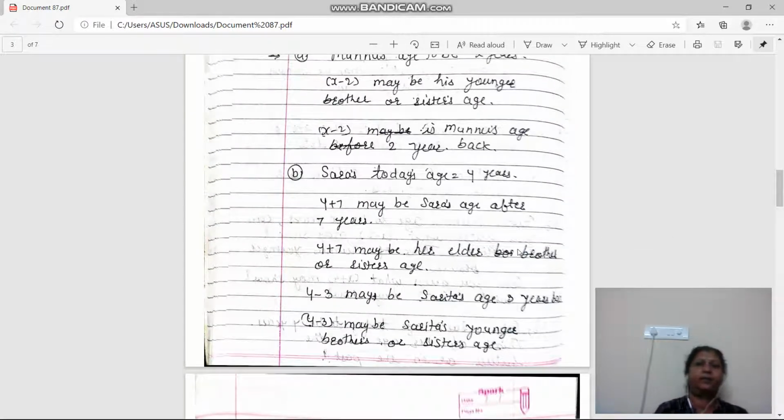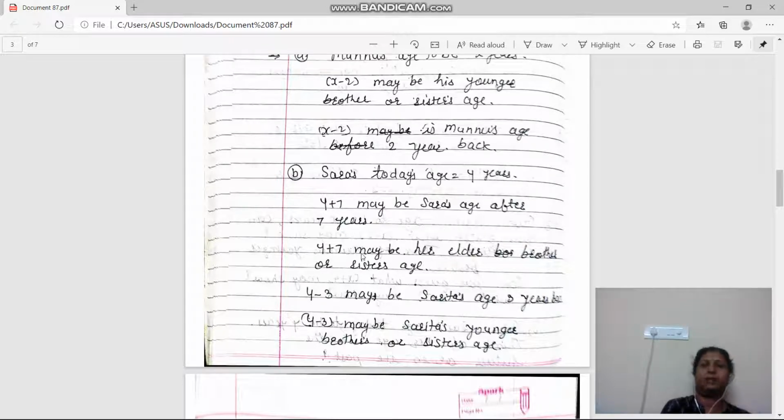See here, Sarah's age today is y years. So first option, y plus 7. Is y plus 7 after today's age or before? After 7 years or before 7 years? Definitely after 7 years. That means y plus 7 may be Sarah's age after 7 years.